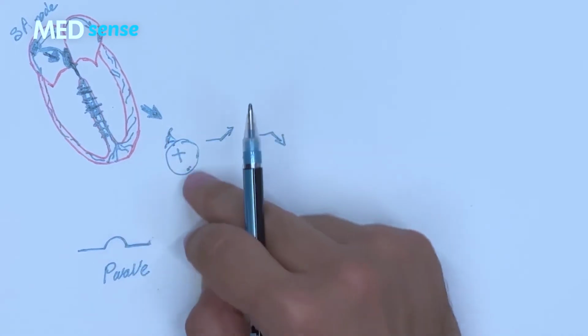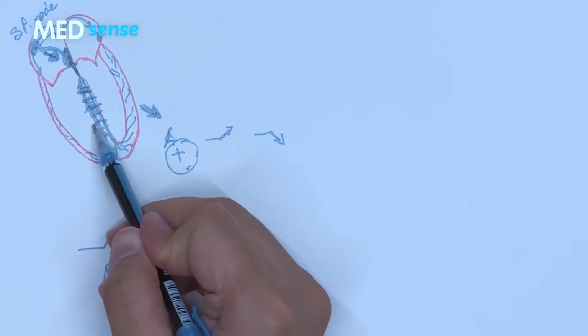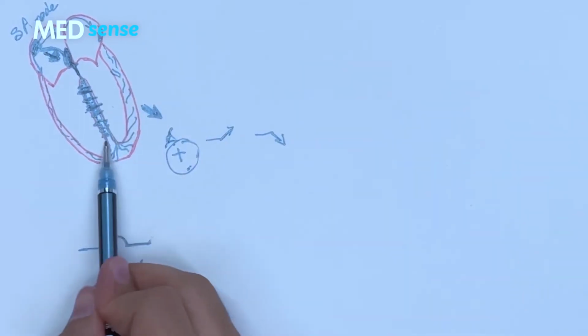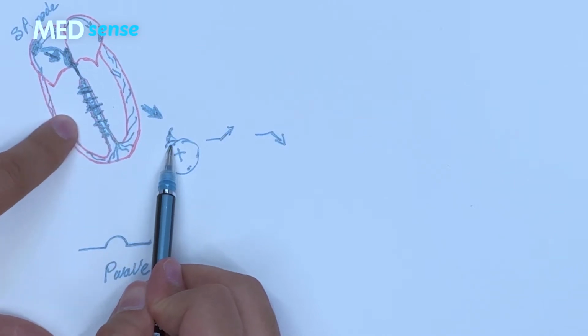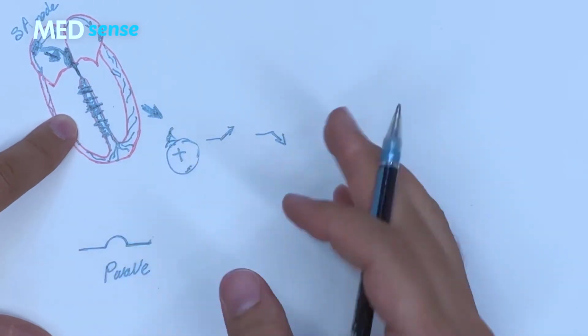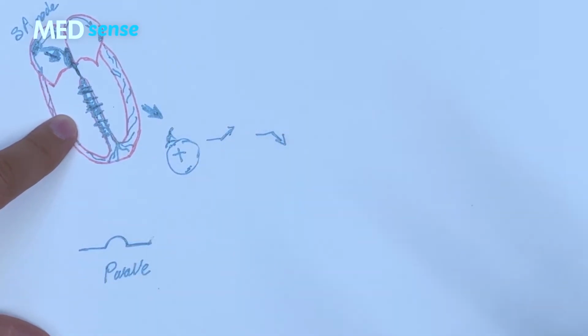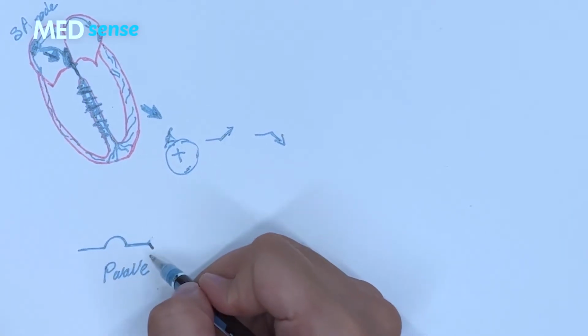You, as a positive ECG electrode, are seeing this electrical current. Is this in your way or away from you? Actually, it is away from you. So this positive ECG electrode will interpret this as a negative deflection because it is a positive electrical current propagating away from it. So it will be a slightly negative deflection, and we call it the Q wave.